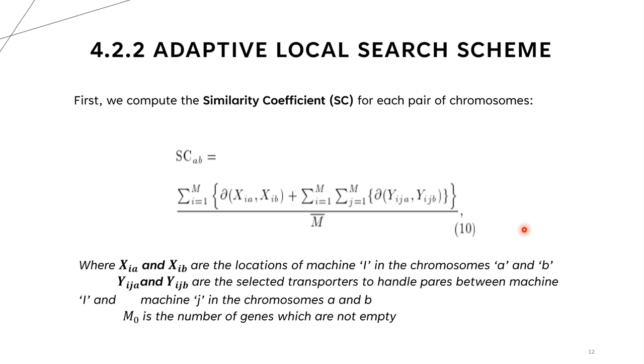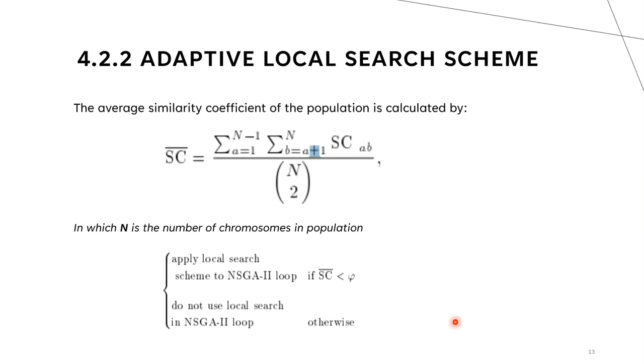And then, next slide, we calculate the average similarity coefficient of the population, in which n is the number of chromosomes in the population. And finally, we consider the predefined threshold similarity coefficient phi and the obtained average similarity coefficient. The local search scheme will be automatically incorporated into the NSGA2 loop as follows.